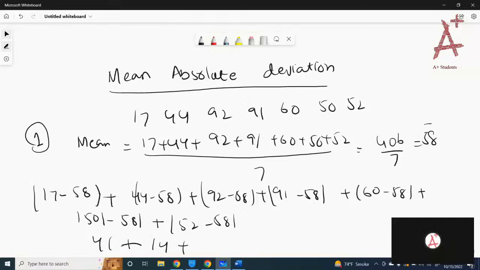Got it? 92 minus 58 is 34. 91 minus 58 is 33. 60 minus 58 is 2. 50 minus 58, the absolute value of negative 8, is 8. And then 52 minus 58 is negative 6, and the absolute value is 6. Got it? Just add them all and divide them by 7.